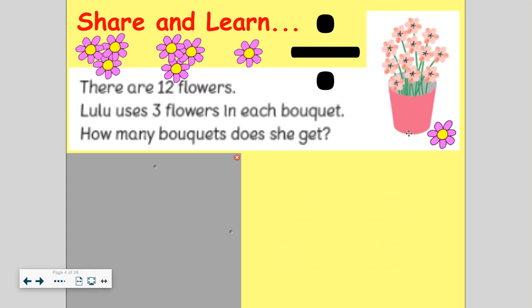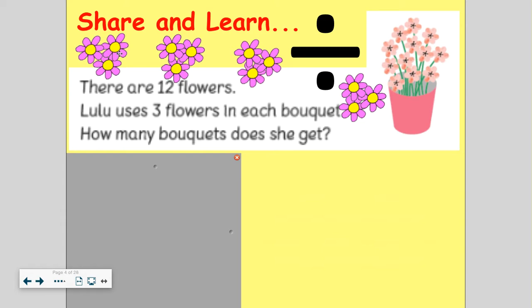Let's make another bouquet. 1, 2, 3. Still some flowers left. 1, 2, 3. I've used them all up. All of my bouquets I can see are equal. They all have 3 flowers in each of the bunches.